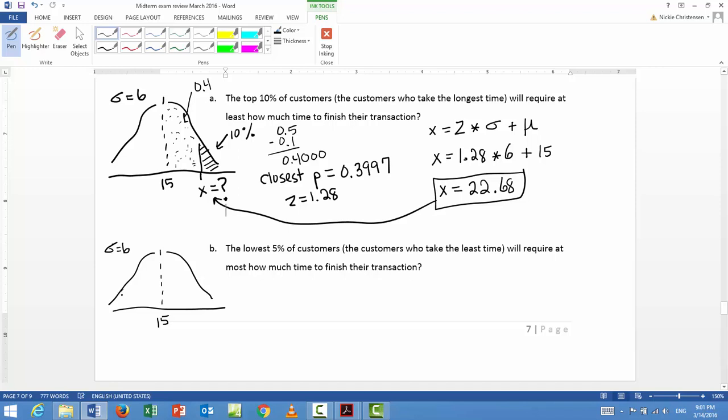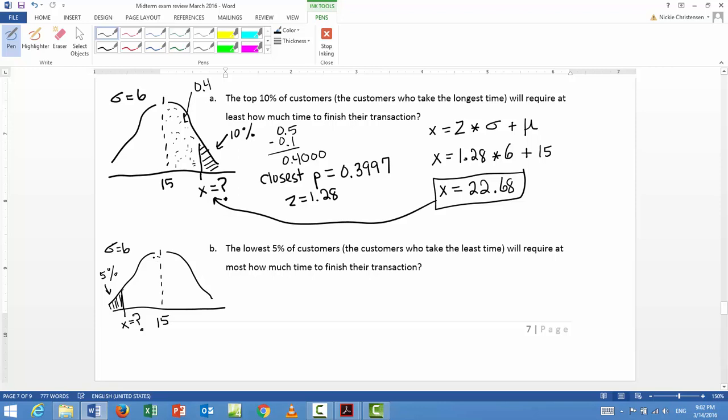So the lowest 5%, the people who are the fastest, they are going to take a shorter time than average. So that's how we know that this 5% is going to be on the left. So this is 5%. And the problem is asking us to find this x value.